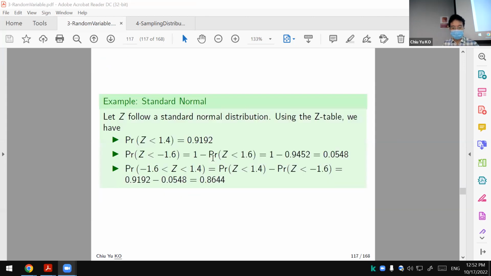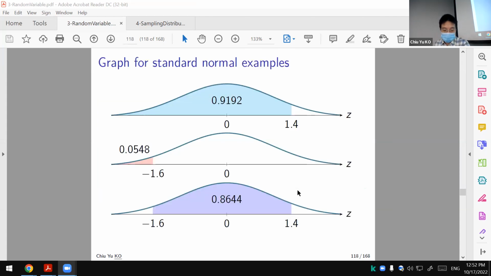I'm not going to talk about this anymore because today we talk about Excel, how to do this in Excel. Although we do it in table form, we will try to tell you how to do it in Excel. Unfortunately, in the exam, you have to look at the table. But for the assignment and your project, you can use Excel without any issue.